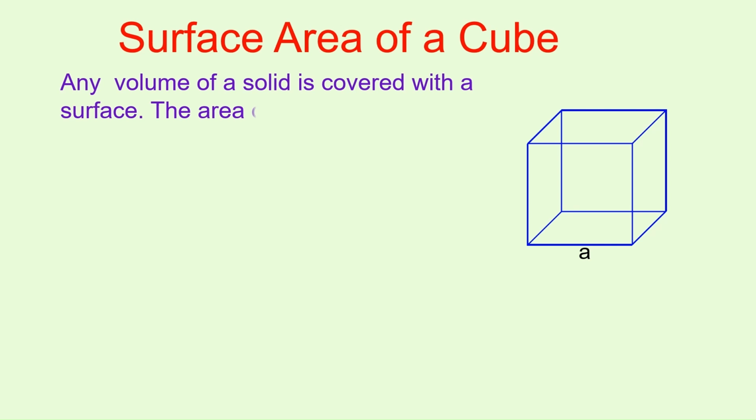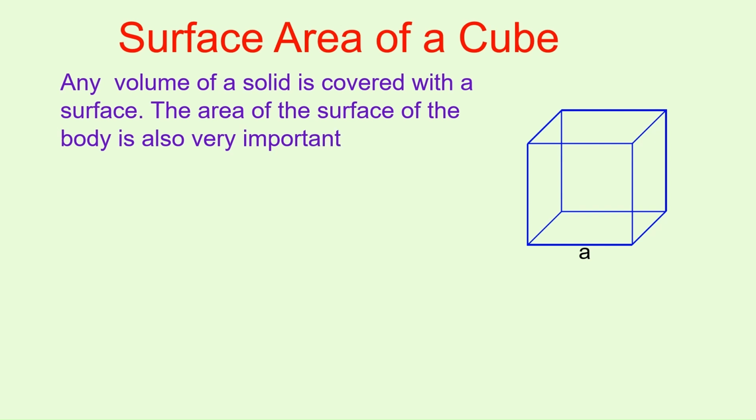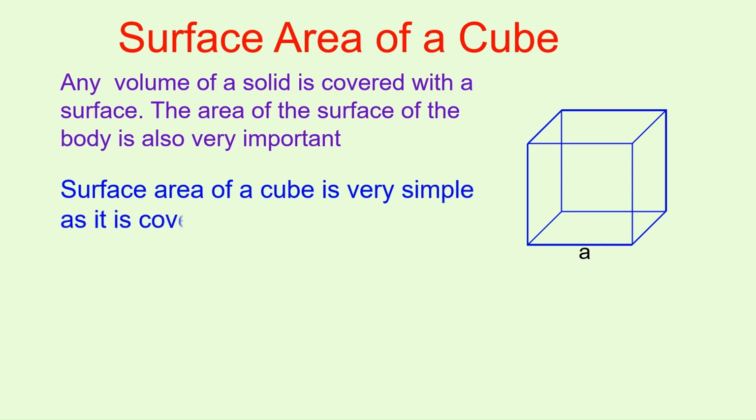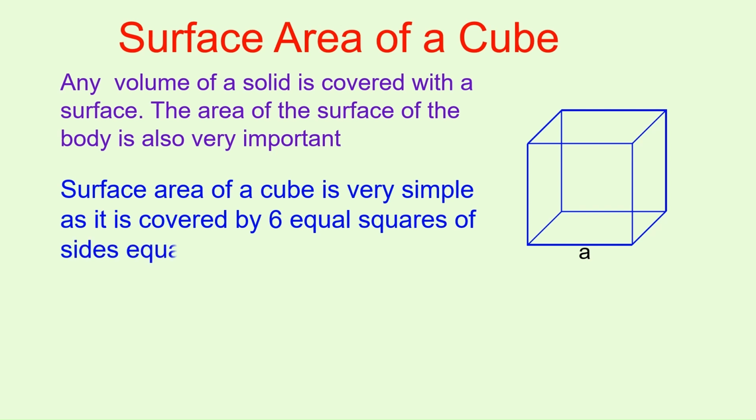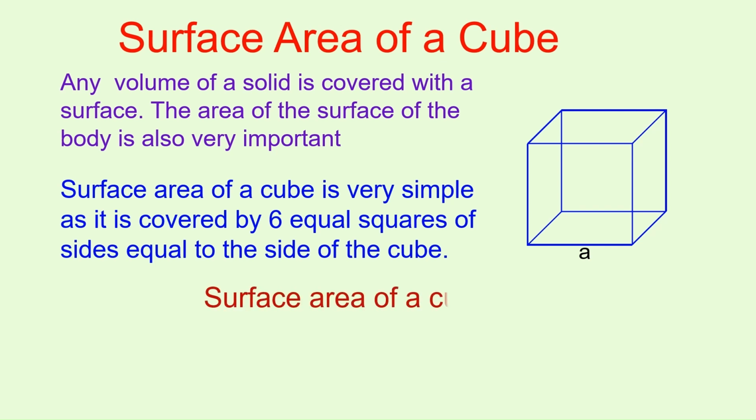The volume of a solid is covered with a surface. The measurement of the area of the surface of the body is also very important. Surface area of a cube is very simple, as it is covered by 6 equal squares of a side equal to the side of the cube. Surface area of a cube equals 6 times a squared.